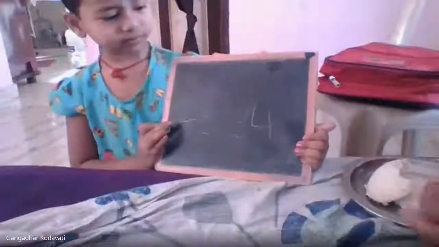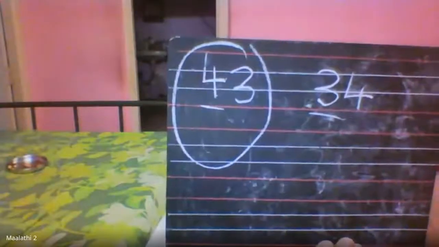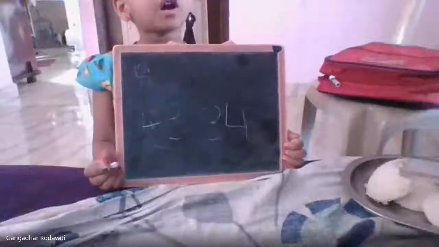Yes? It's 3-4, ma'am. 4-3, 3-4. What is the difference? Come on, tell me. I didn't ask anyone to find the greater number or smaller number. I told you to say what is the difference. 4-3 is 43.